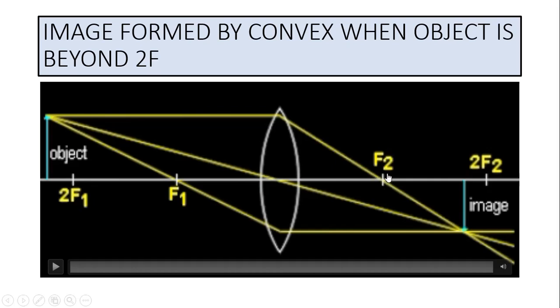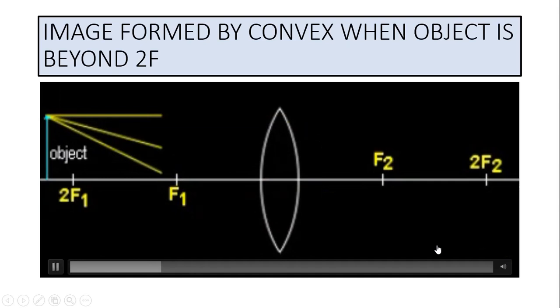When the object is just beyond c or 2f, the image is formed between f and 2f, inverted, small compared to the object, and real because we can catch it on the screen. So this is the nature of the image.